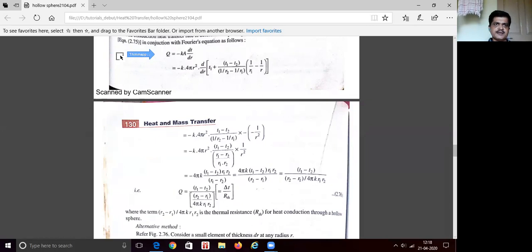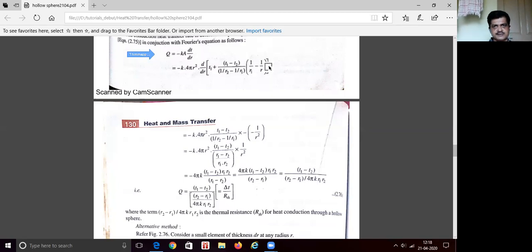The only variable is r, therefore these two terms are constant, and the only thing remaining is this term and minus 1 by r1. So this we have to multiply, and because r is the only variable here, we see that this is constant, this is constant, and minus 1 by r is there.